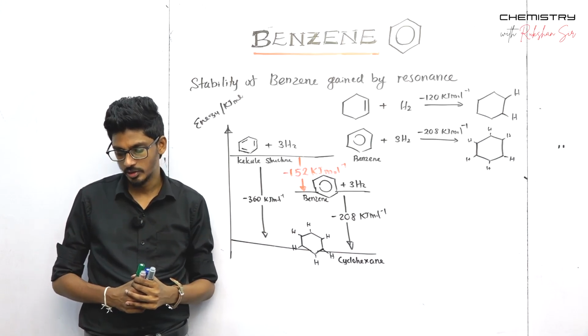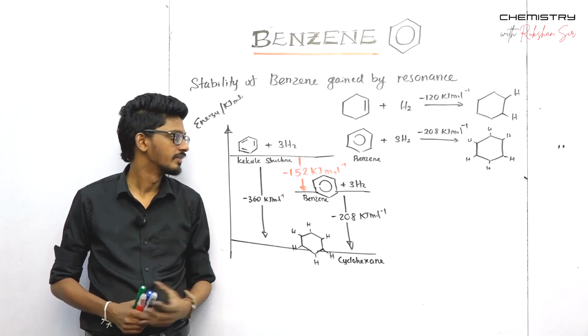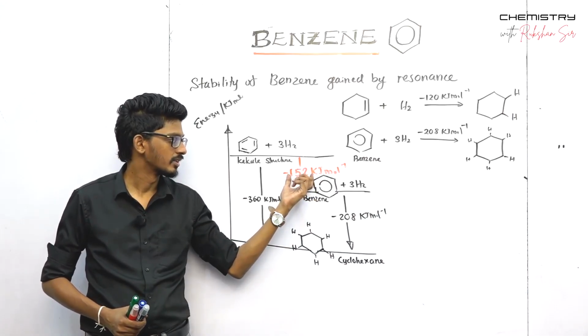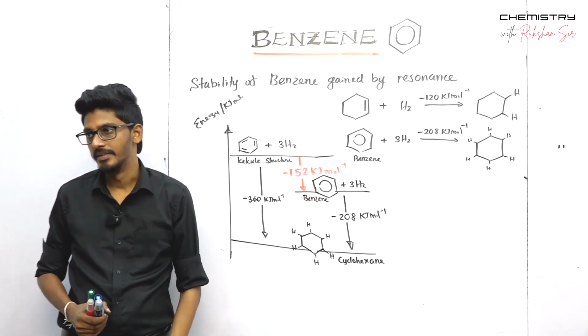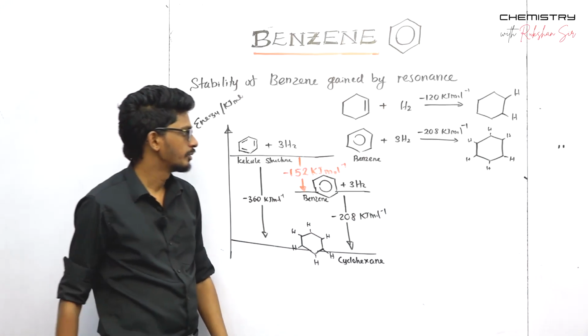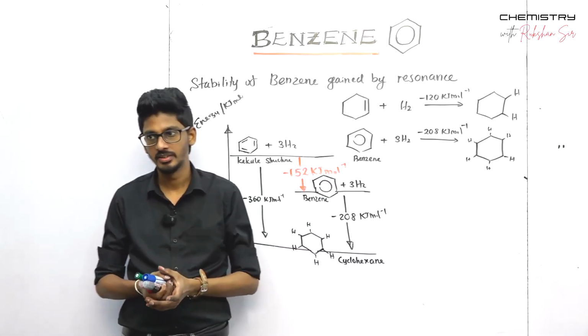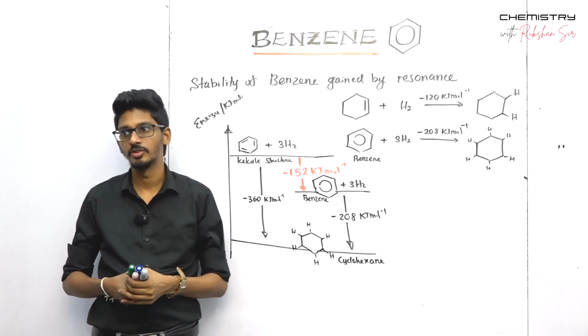This stability is due to the cyclic delocalization of 6 pi electrons, and it is termed the resonance stabilization or the aromatic stabilization energy of benzene, right? That is all you should know about benzene as an introduction. So we have just completed the introduction of benzene.